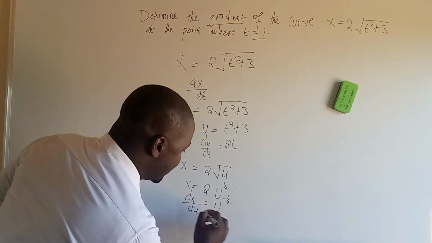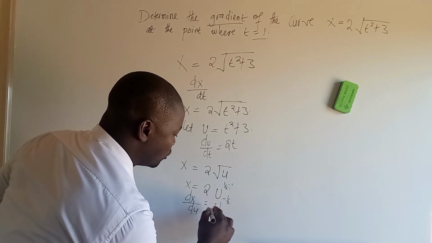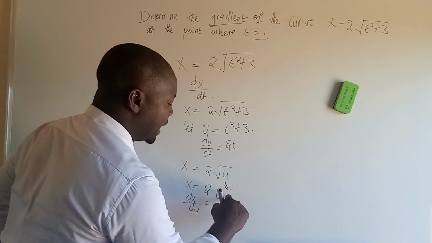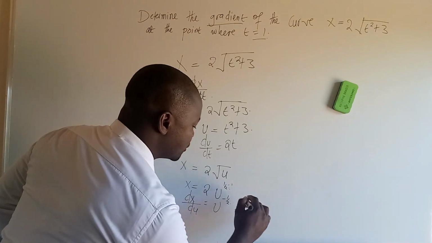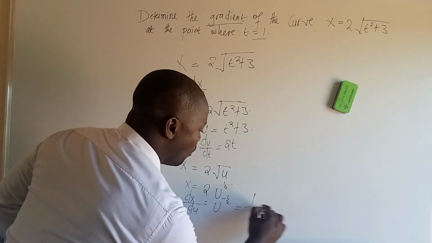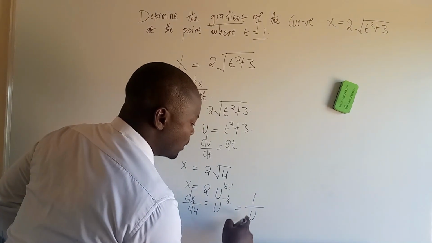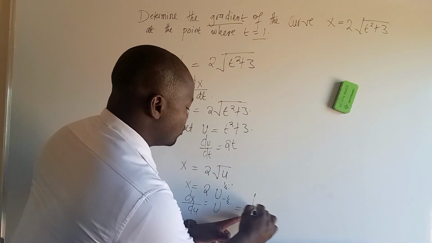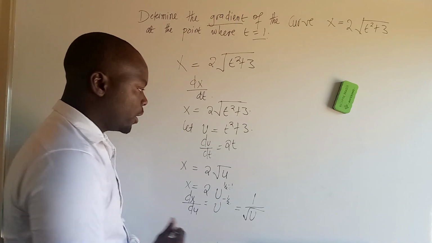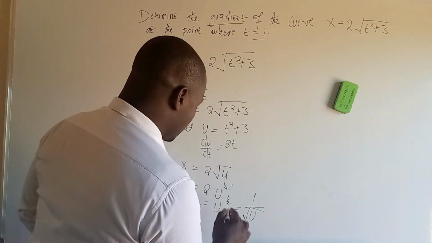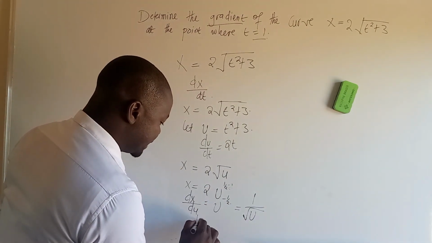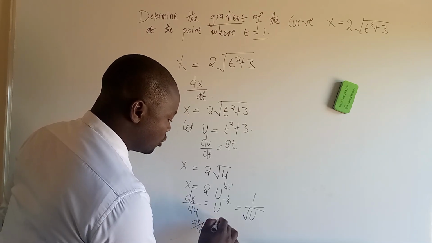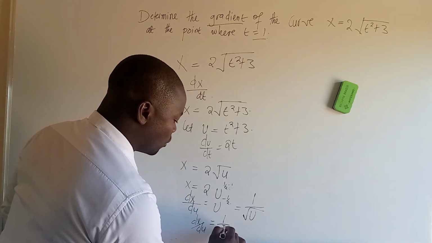So dx over du is equal to u raised to the power negative half, which is also the same as 1 over root of u. So from here, we can conclude that dx over du is equal to 1 over root of u.